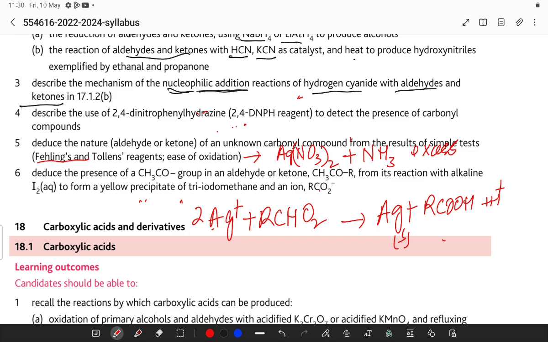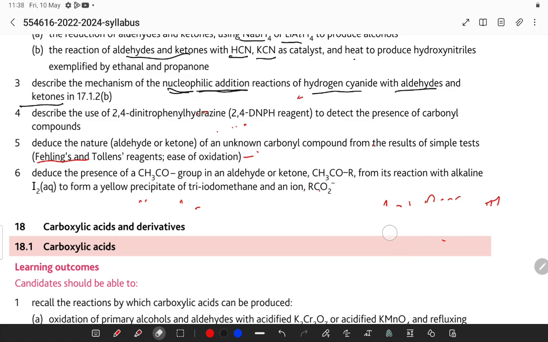And Fehling's solution also gives a red precipitate if it reacts with copper sulfate in ammonia solution. This is the silver mirror test, and this is going to identify aldehydes as well.